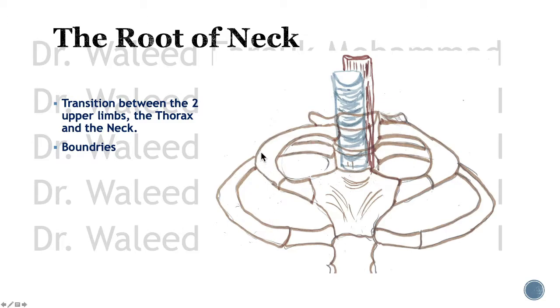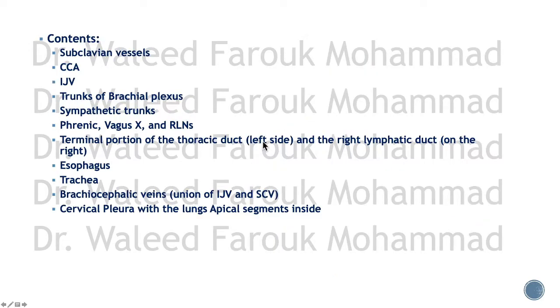So the area right above it on both sides is the root of the neck, of course, with the middle one too, where the trachea and esophagus are. The contents, a lot actually. You have the subclavian vessels, the common carotid artery, internal jugular vein, I mean the major vessels.